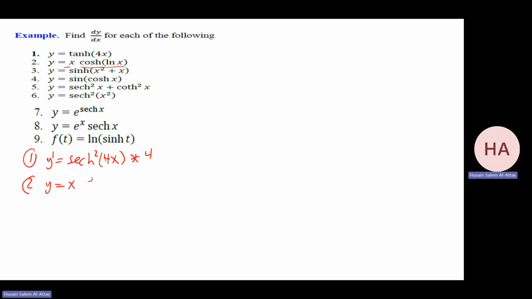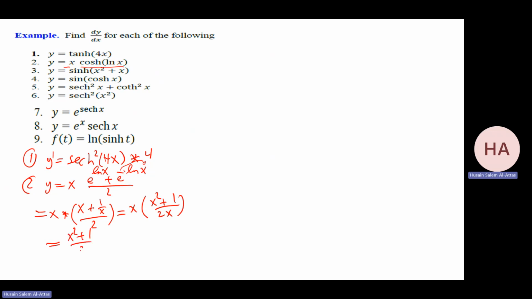That will be x times e to the ln x plus e to the minus ln x over 2. That gives me x times, here I have x, here I have 1 over x, over 2. So that gives me x squared plus 1 over 2x. So the answer is x squared plus 1 over 2.